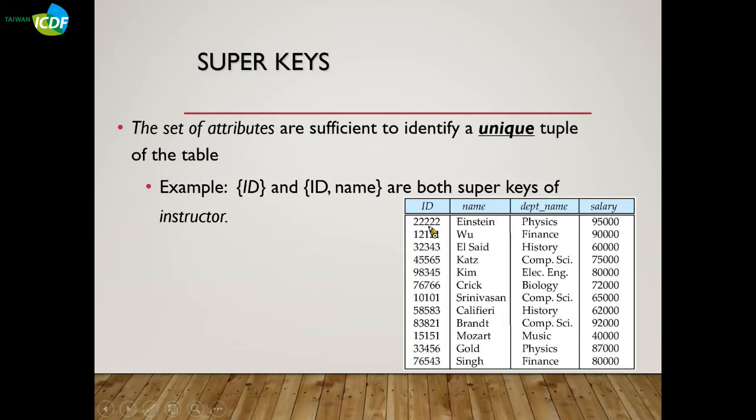With these unique values, we can identify a specific tuple in this table. As to the combination of ID and name, this combination is still unique for identifying the unique tuples.